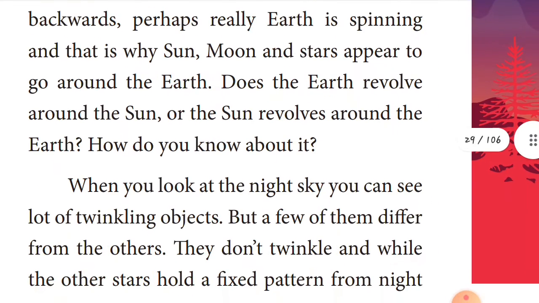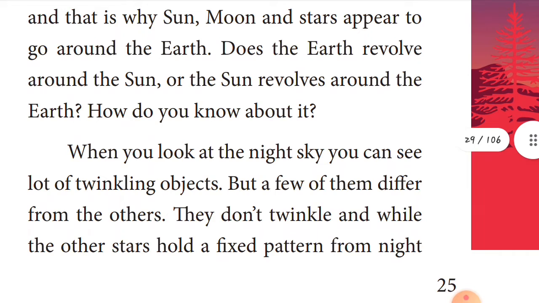You see, children, when you look at the night sky, you can see a lot of twinkling objects. Yes or no? But a few of them differ from the others. They do not twinkle, while the other stars hold a fixed pattern from night to night.